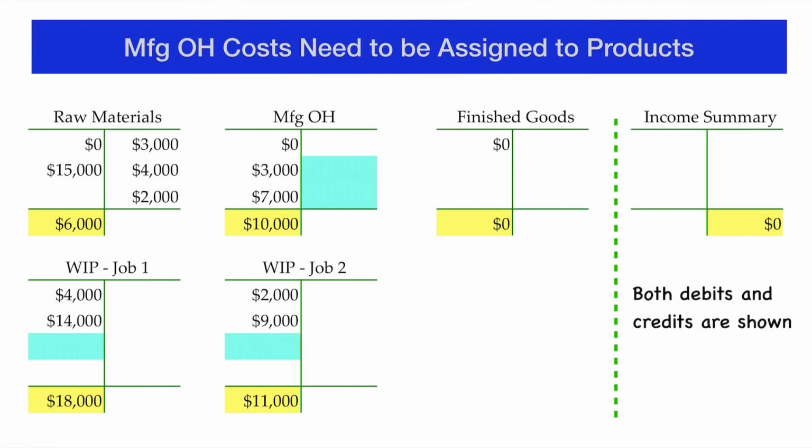Now, overhead costs need to be assigned to product. So we have $10,000 of overhead. These are product costs, and they have to go into the product. We just have to figure out how to do that. In this video, I'm not going to say exactly how the numbers are determined. We'll do that in a different video.